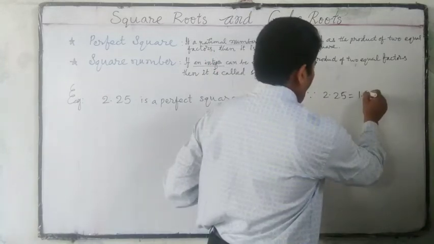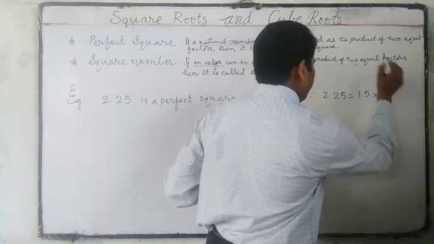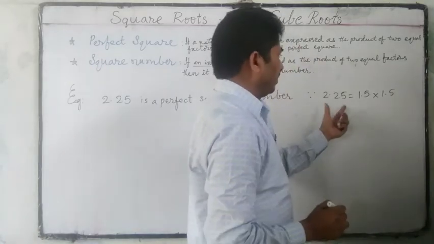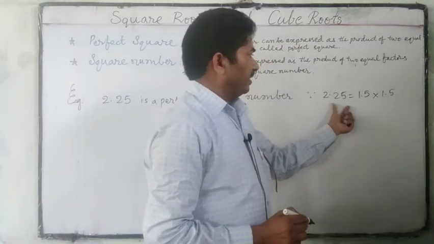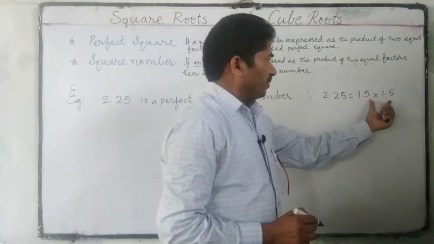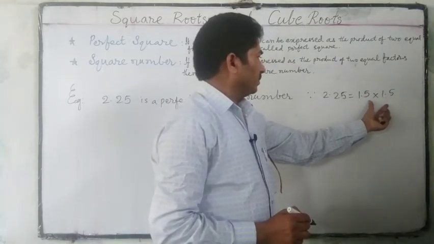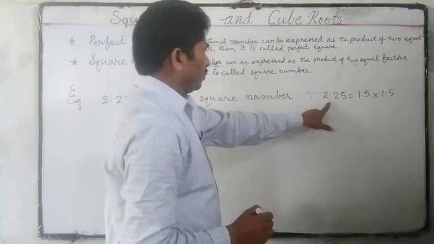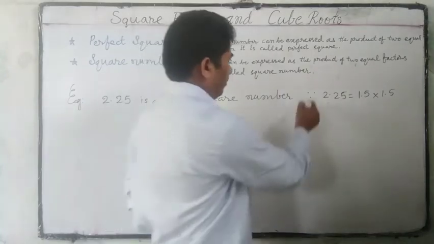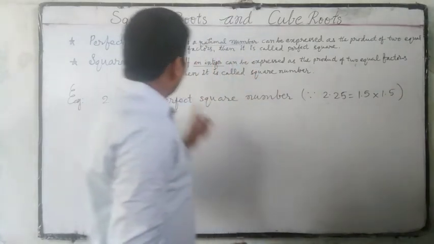So we can express this as a product of two equal factors. So 2.25 is a perfect square.